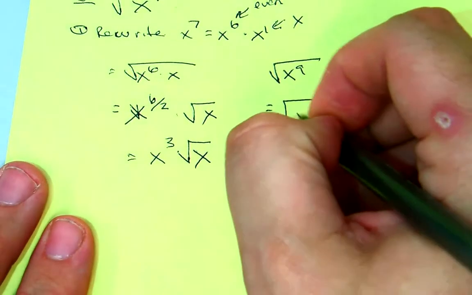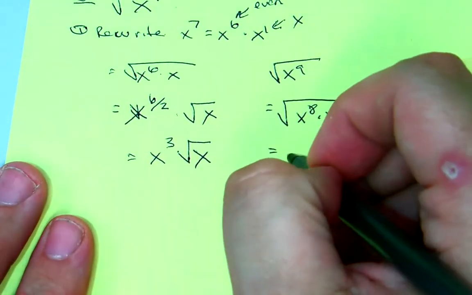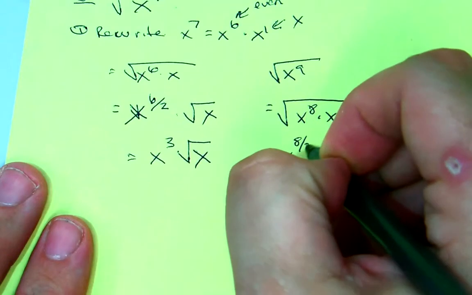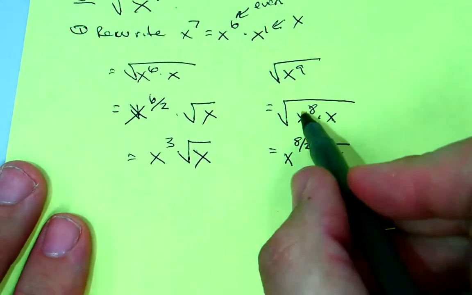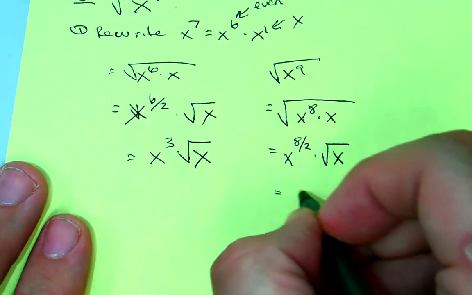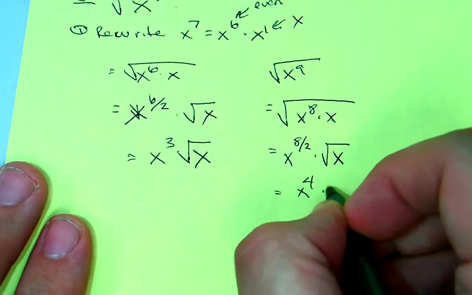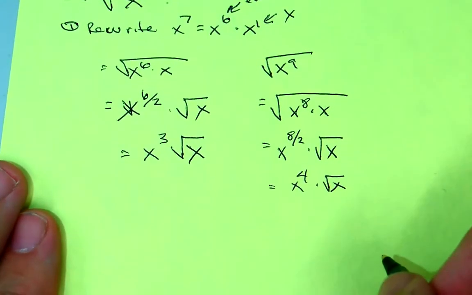We get x to the 8th times x, which is x to the 8th divided by 2 times the square root of x. So this is going to be x to the 4th times the square root of x.